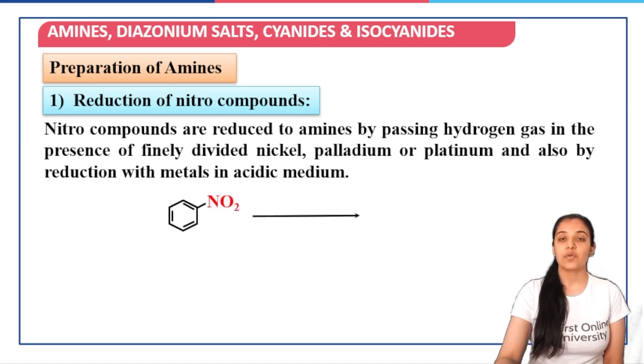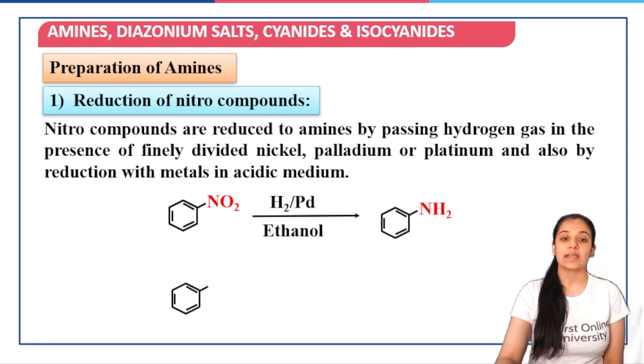If we have, for example, nitrobenzene and we treat it with H2 on finely divided palladium in the presence of ethanol as a solvent, we get aniline as the product.